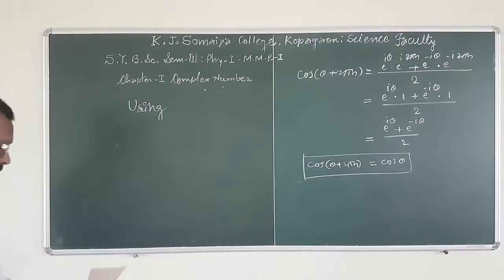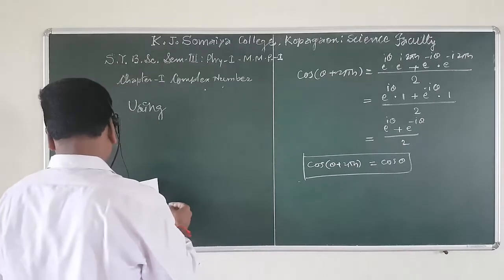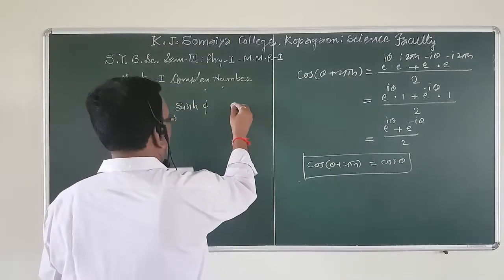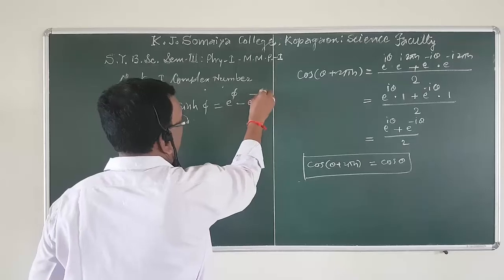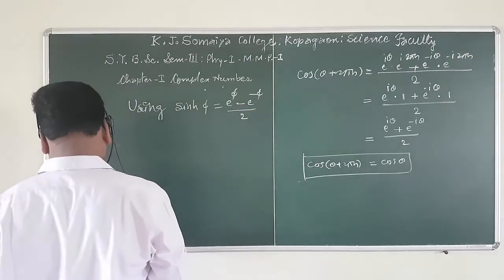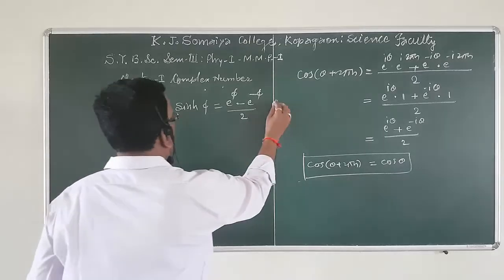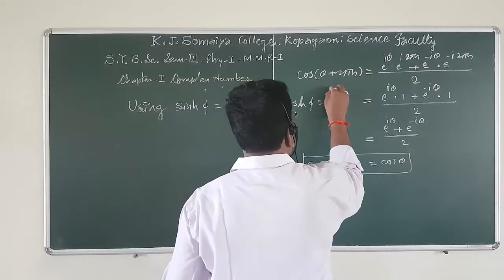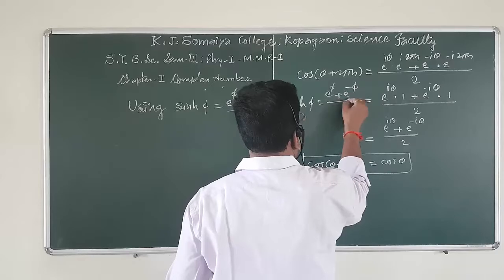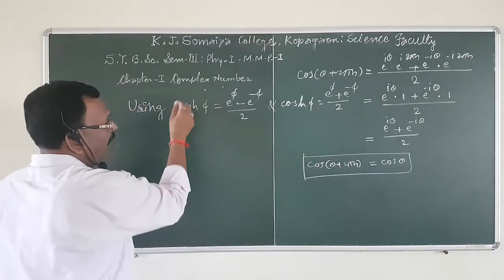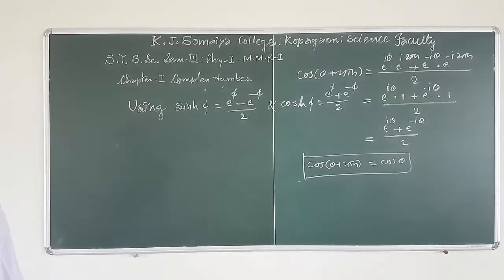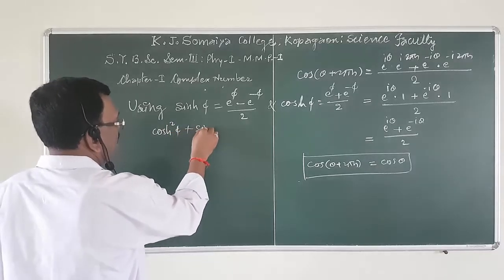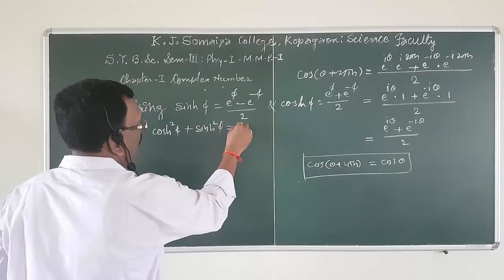One more problem is there. Using the relation sinh phi is equal to e^phi minus e^(-phi) upon 2, and cosh phi is equal to e^phi plus e^(-phi) upon 2, by using the value of sin phi and cos phi, prove that cos square phi plus sin square phi is equal to 1.